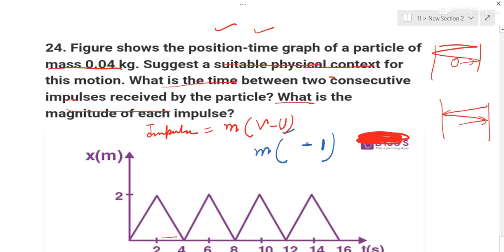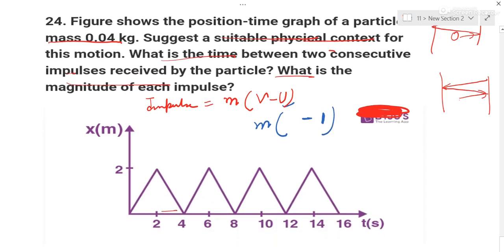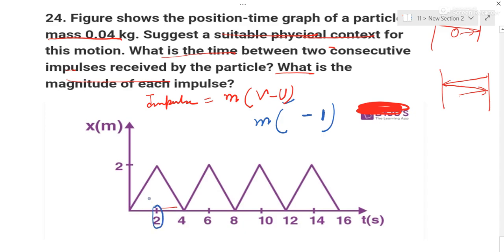Let us see what is final velocity. Let us find out the slope of the next graph, this one. Perpendicular here is again 2 and base is 4 minus 2, 2. So 2 by 2 is 1, but this time direction is changed. The graph was going up, now the graph is coming down, so direction is changed. So velocity here is minus 1.